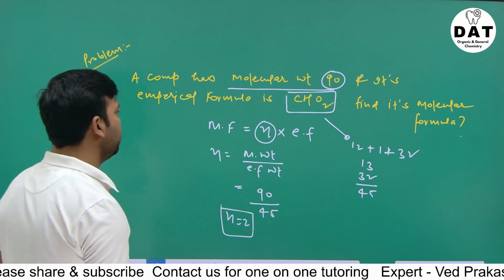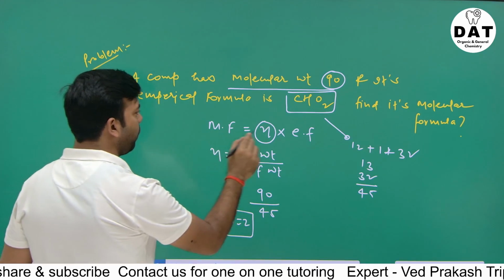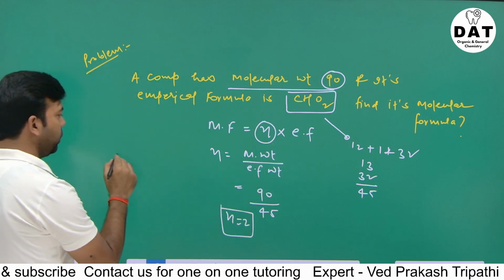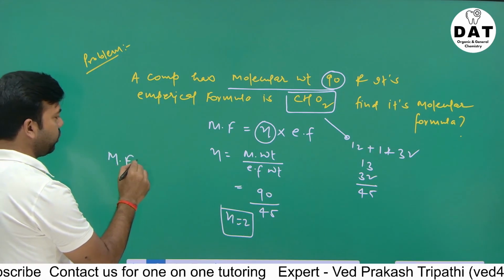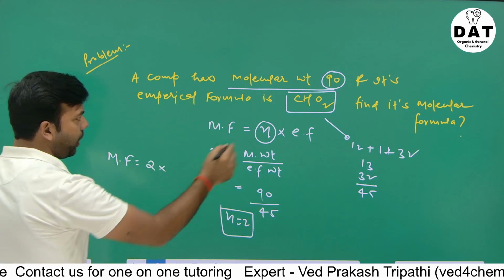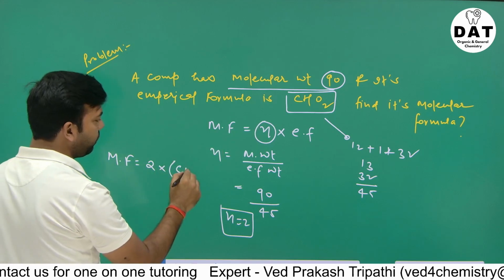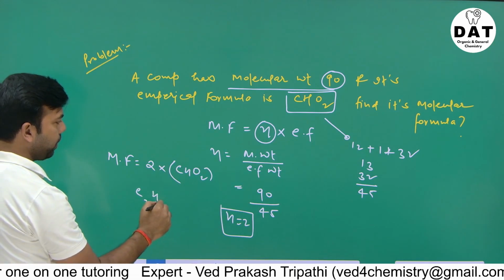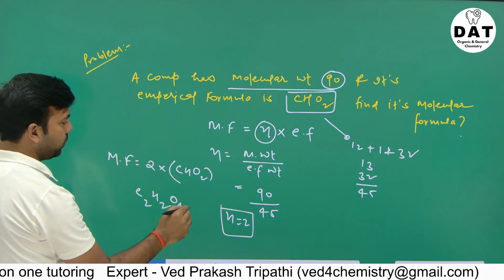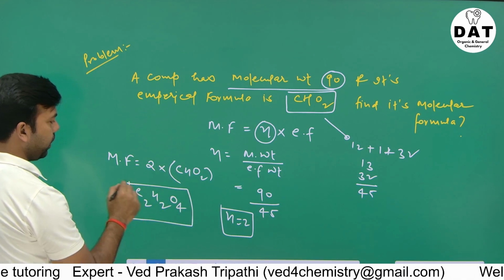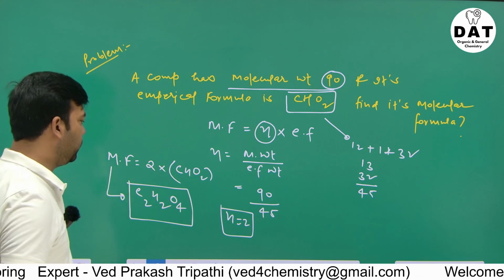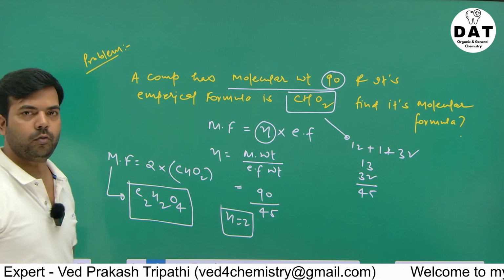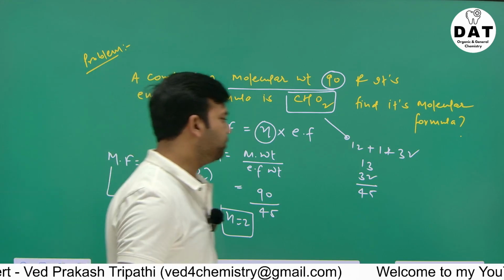We know molecular formula is N into empirical formula, so 2 into CHO2 gives C2H2O4. Clear? This is my molecular formula. Quite easy.